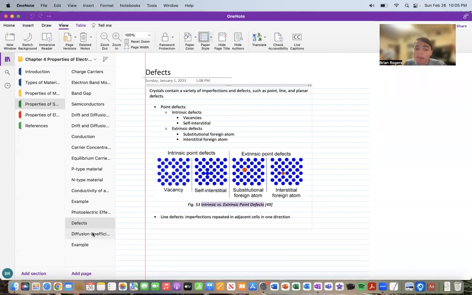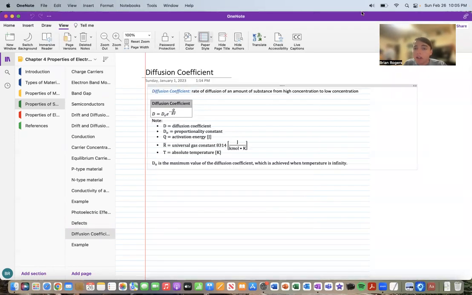Now we're going to look at the diffusion coefficient. The diffusion coefficient is the rate of diffusion of an amount of substance from a high concentration to a low concentration. Just like we saw at the p-n junction, those holes going across from our p-type to the n-type because of that difference, we're going to see the rate of diffusion.